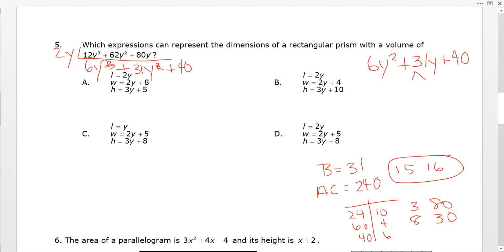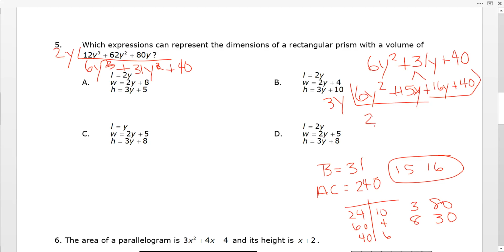So I'm going to divide this up. So I have 6y squared plus 15y plus 16y plus 40. Greatest common factor for that is going to be 3y. Greatest common factor for 16 and 40 is going to be 8. Well, let's divide this.